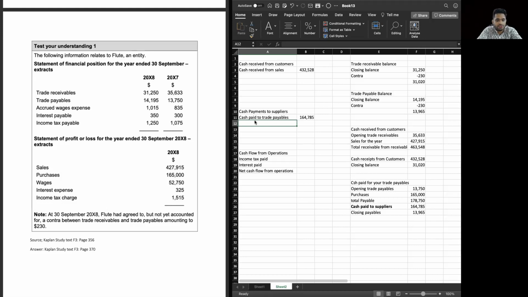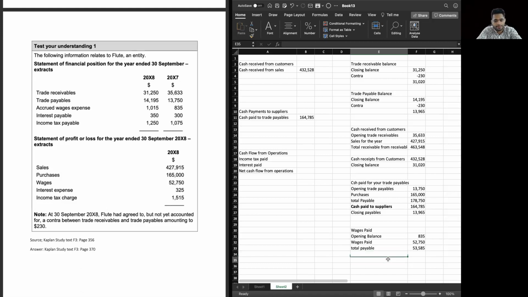The next one you have is your wages. So wages paid, the opening balance of your wages is going to be 835. Your wages for the year is 52,750. So total payable is 835 plus 52,750. That's 53,585.